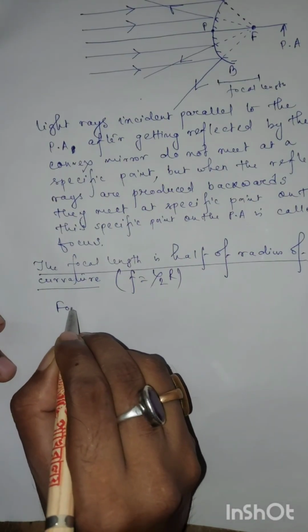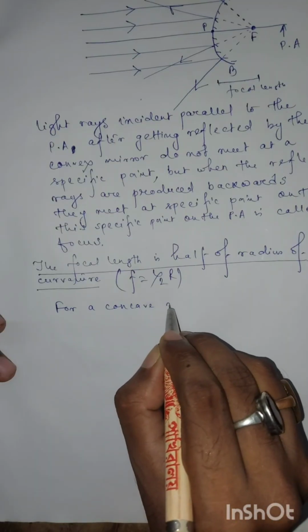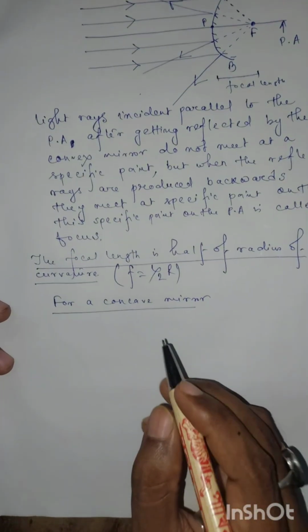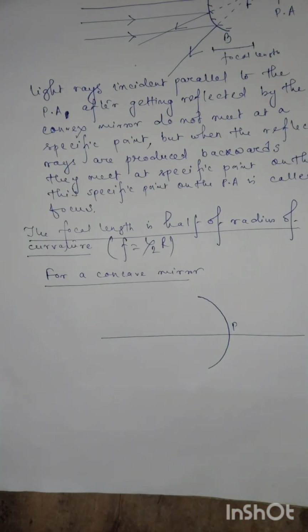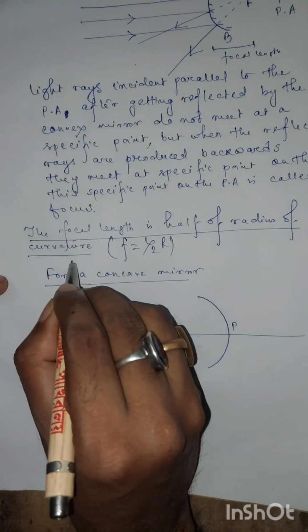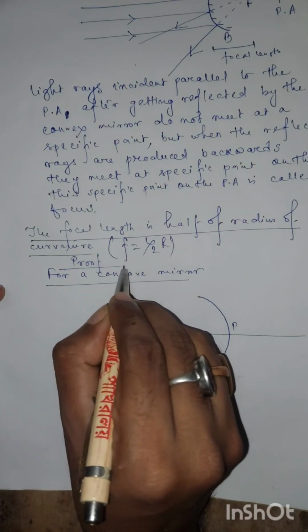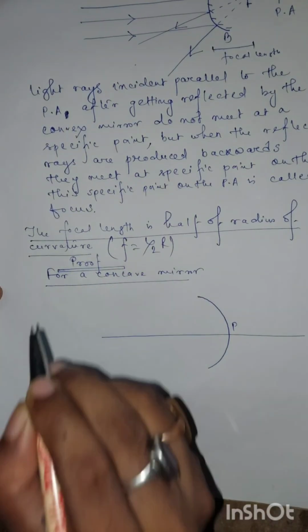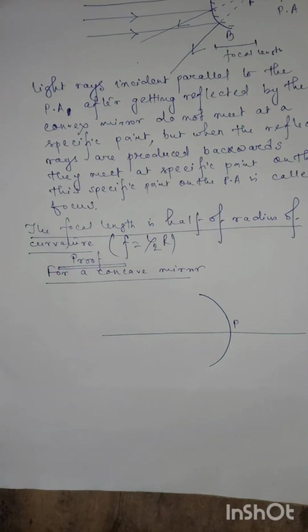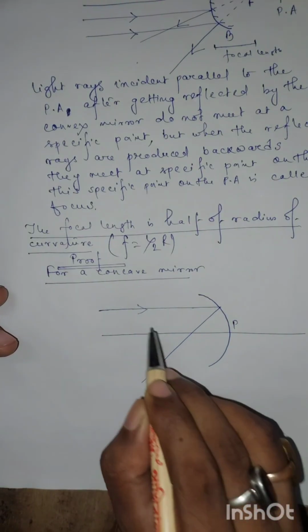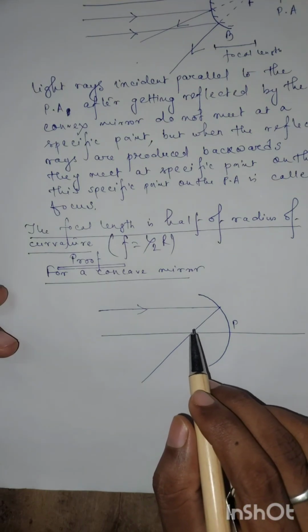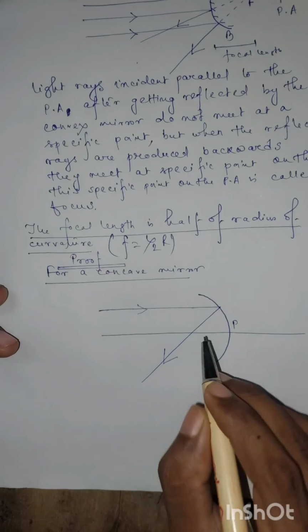For a concave mirror, a light ray parallel to the principal axis, after getting reflected, passes through the focus.